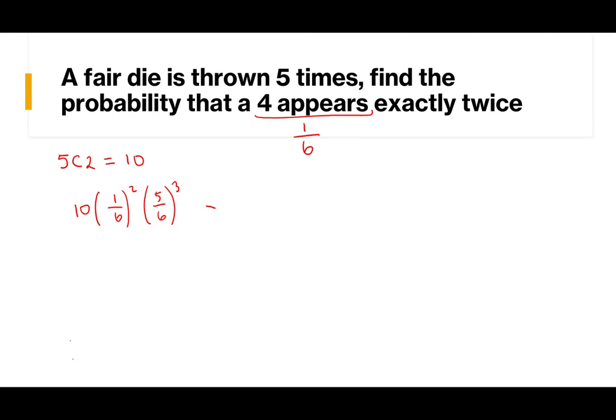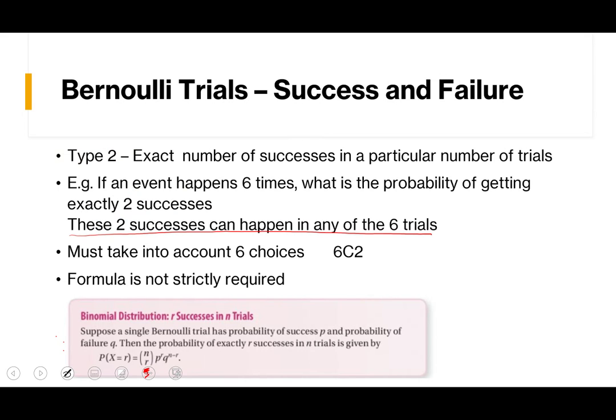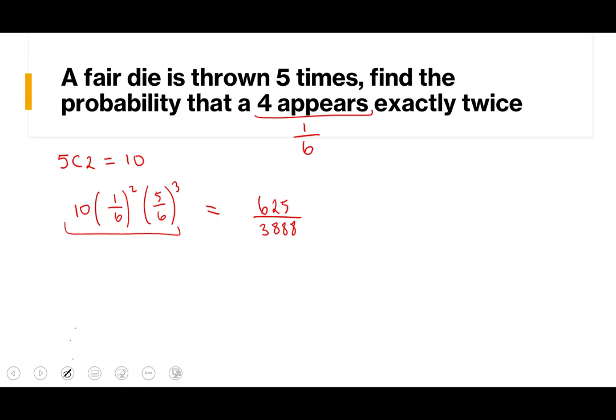And I'll get 625 over 3,888. So you're multiplying all of these numbers together. If you want to see the formula, you're taking your combination and multiplying it by your successes to the power of the number of times you want that to happen, multiplied by your failures to the power of the number of times you want that to happen.